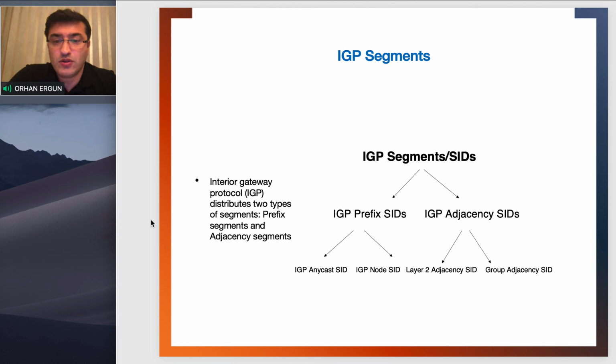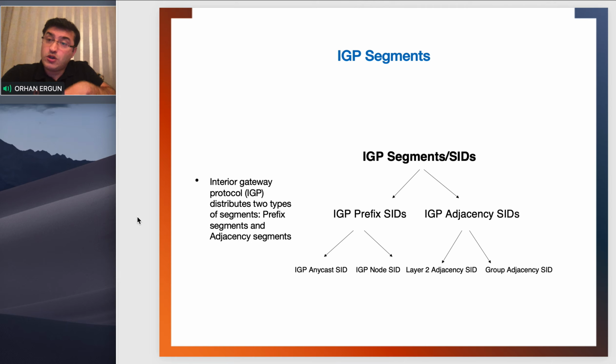Okay, so node SID, anycast SID as prefix SIDs we will see, and prefix SID basically to define an entire node or group of nodes maybe. Adjacency SIDs for the interfaces or maybe group of interfaces. Okay?